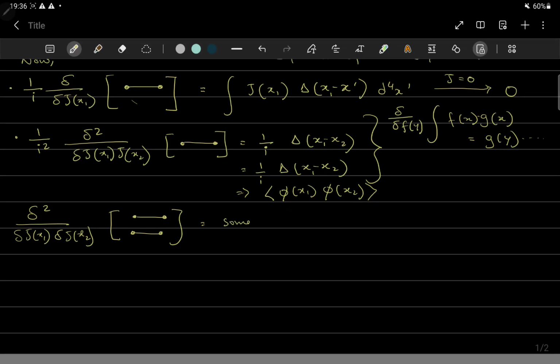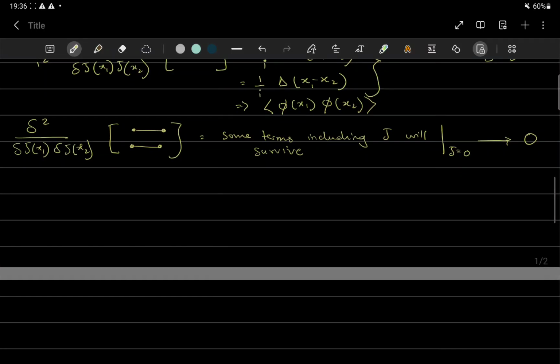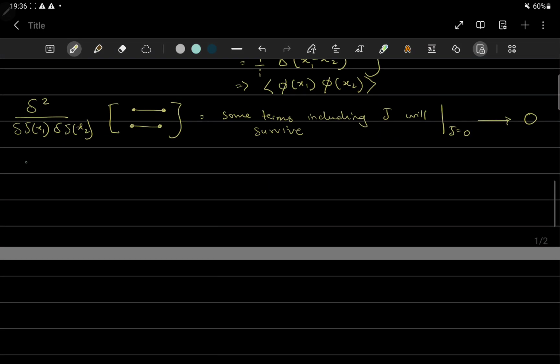So I know for a fact that some terms including j will survive, because the derivative will not be able to cancel them out. And hence, once we set this to 0, this will also go to 0.